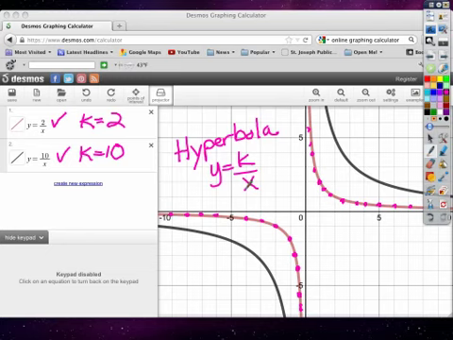Now, speaking of the origin, look real carefully. These branches never touch, never stop going. They're going closer and closer and closer, and you can get your own graphing calculator and find that out, but they never touch the x-axis. They never become 0. And if we would put a 0 in for x, think about it, we would have y equals 2 divided by 0, and we know that's undefined.